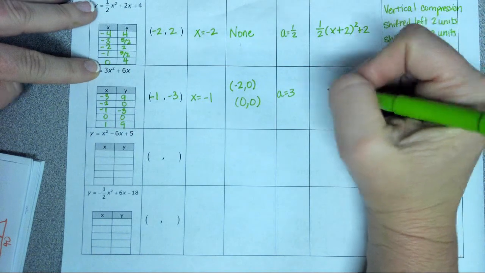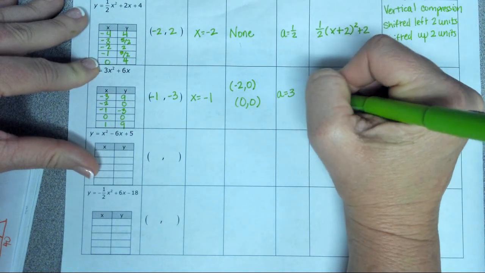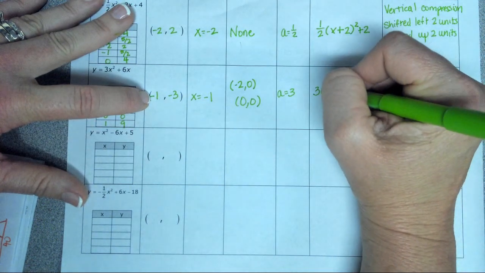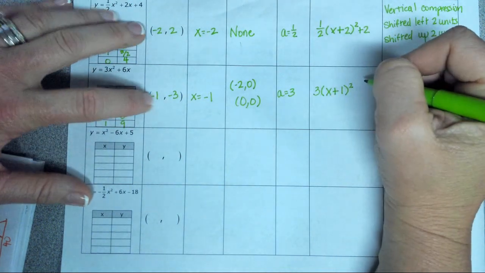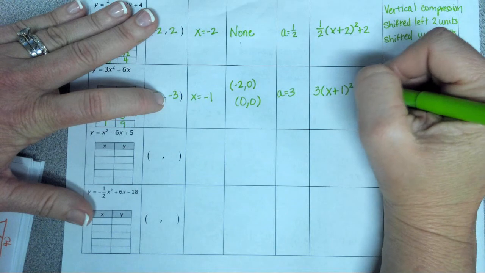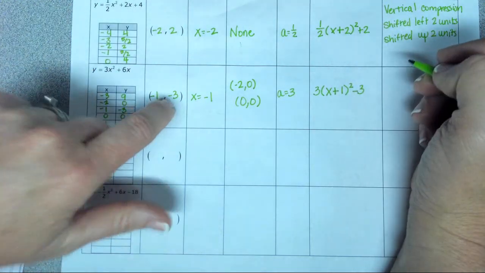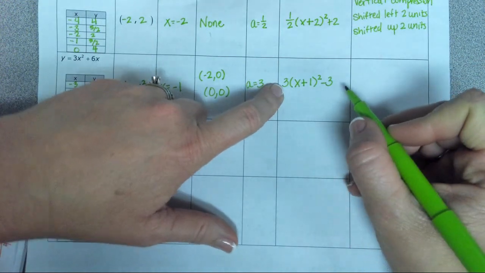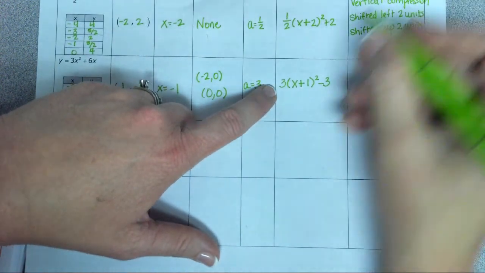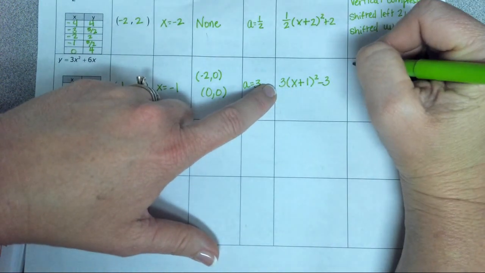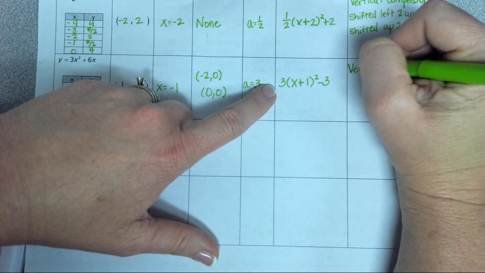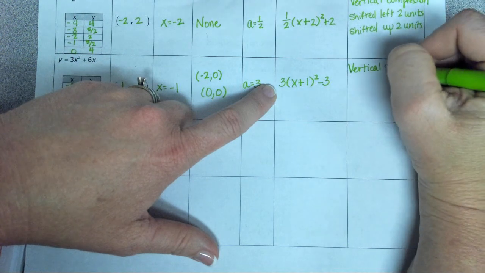And now we can write our vertex form. So that's 3 times x minus, but since I have a negative here, I'm going to make it +1 squared. And then instead of +3, it's going to be -3 since it's a -3. All right. So using my vertex form here, I'm going to describe the transformation. Since a is greater than 1, that means I have a vertical stretch.